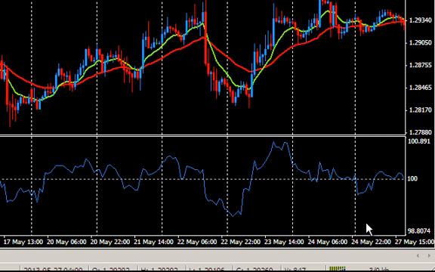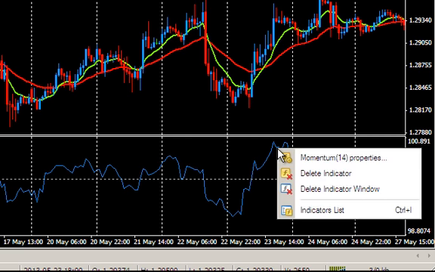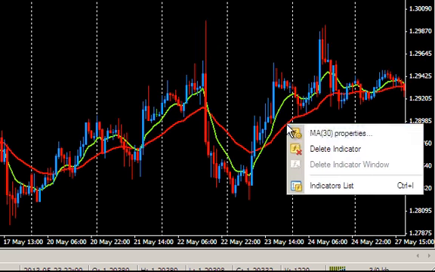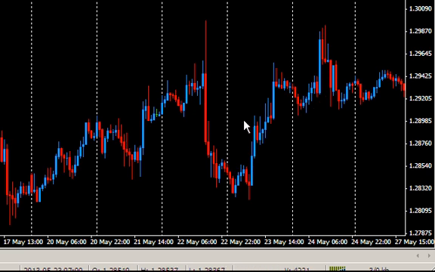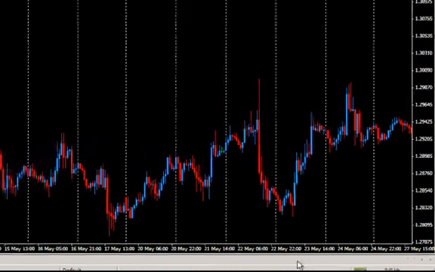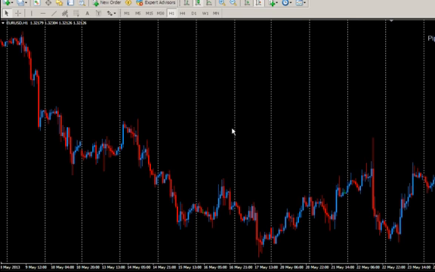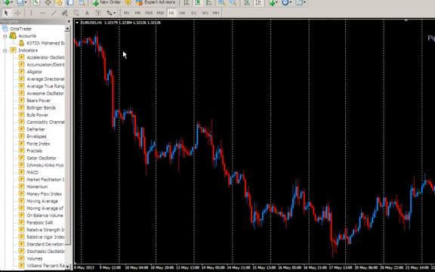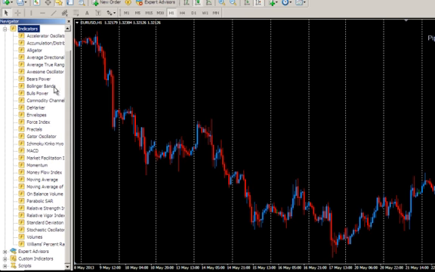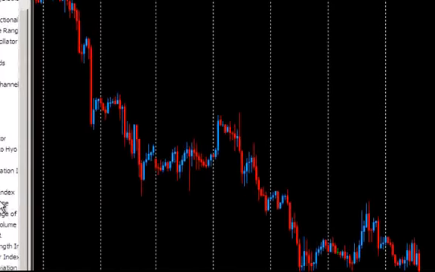Okay, now I will delete all the indicators and I will reattach them again to the chart to move with you just step by step. Okay, now from the navigator menu we will choose indicators and we will jump to moving average.